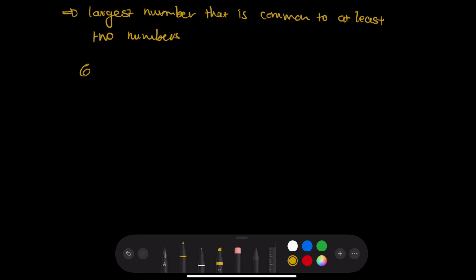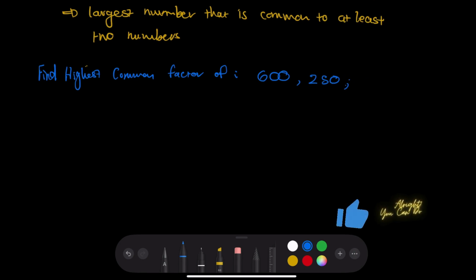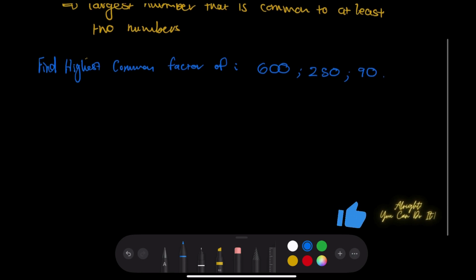let's think about if you were asked to find the highest common factor of, and let's say you had the numbers 600, 250, and 90, right?